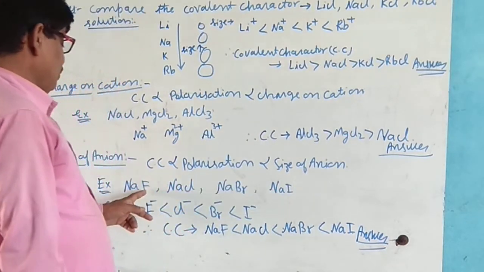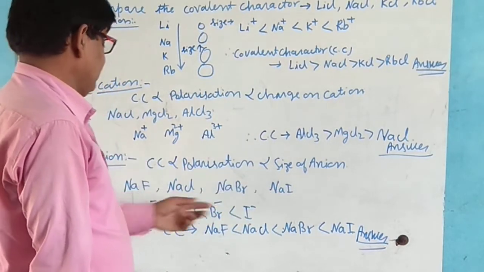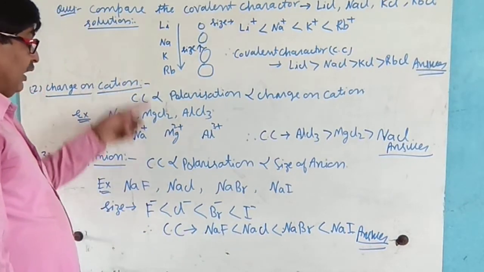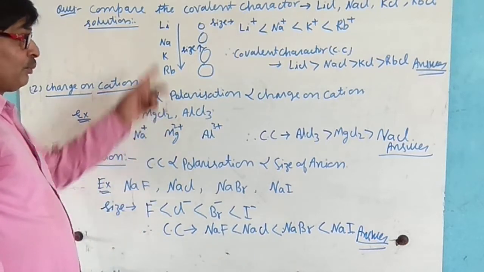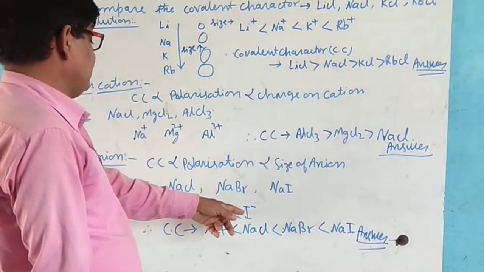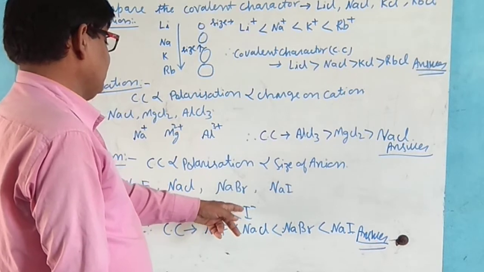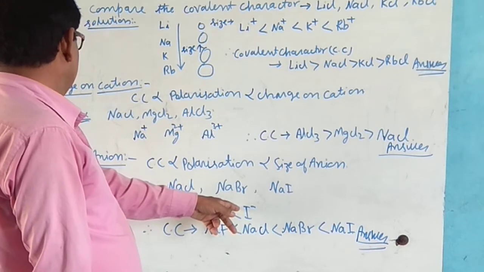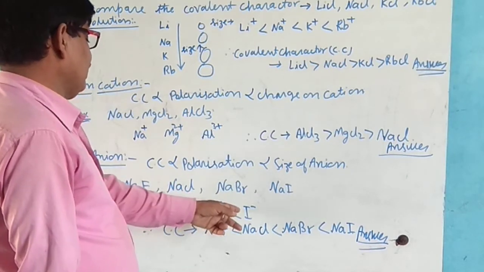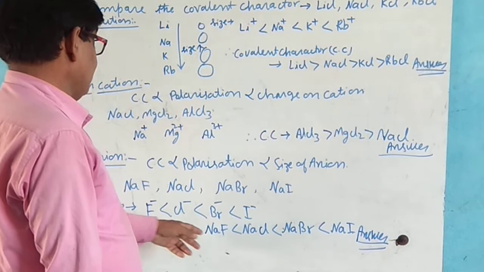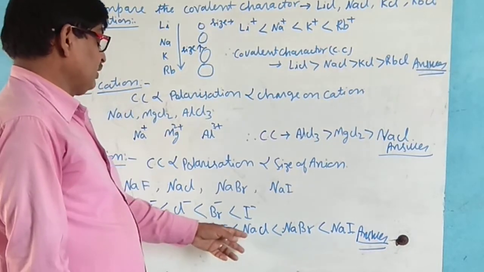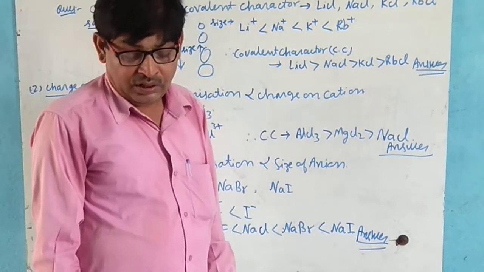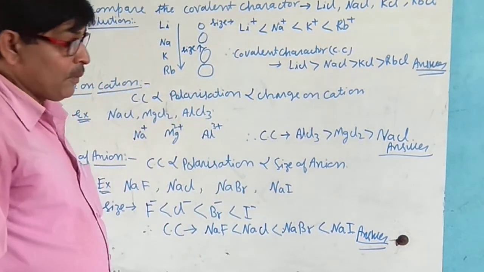Here chloride, bromide, iodide are the anions, and as we move top to bottom, their size increases, so covalent character increases. So sodium chloride is less than sodium bromide, and less than sodium iodide.